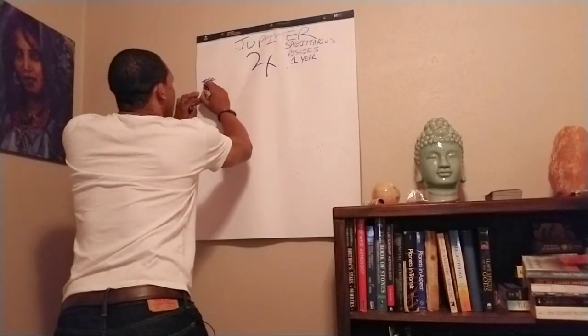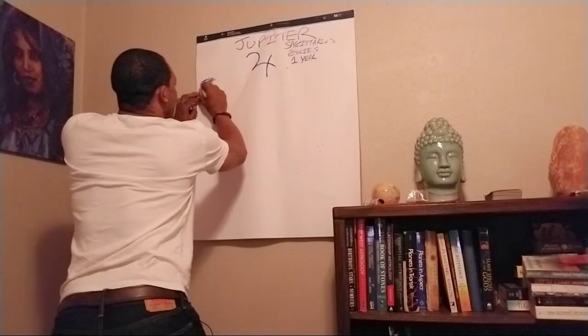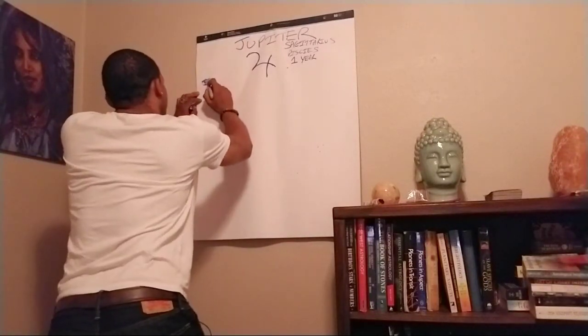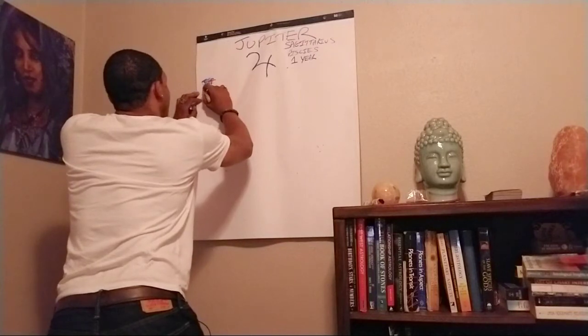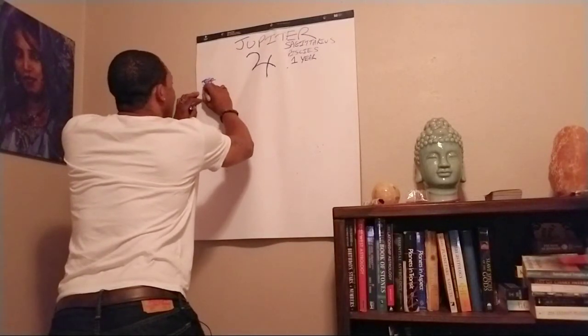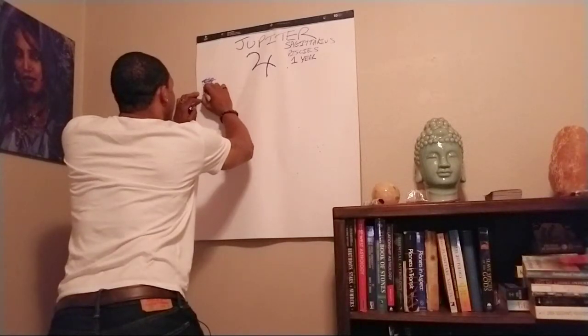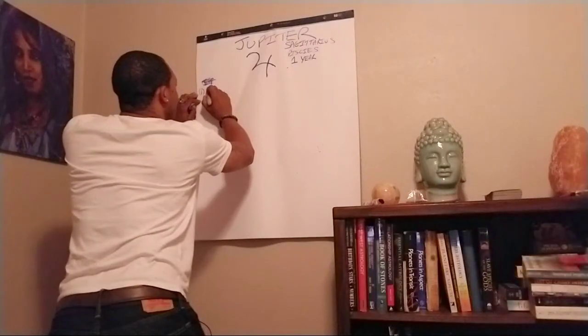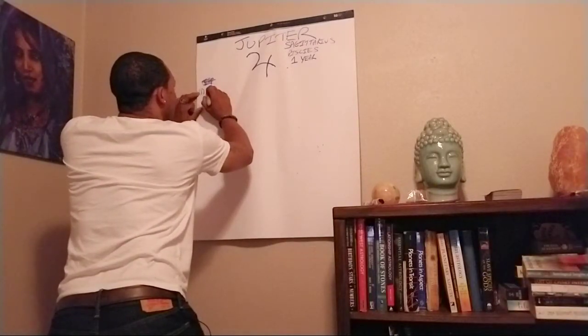And let's not even go inside the sign. Sorry about that. Let's go into the houses. Jupiter in your first house. We're going to go into the signs, but right now we're going to go into the houses.